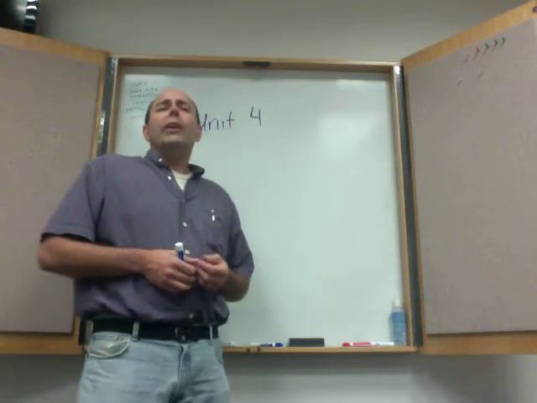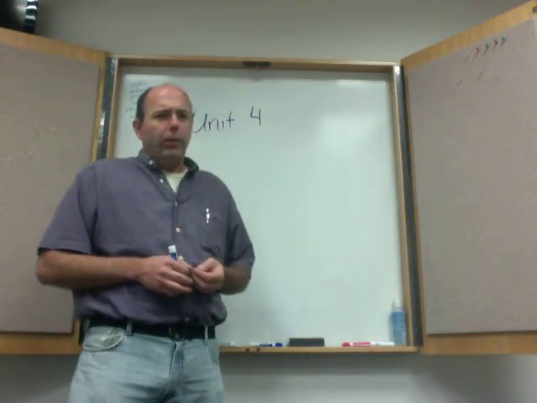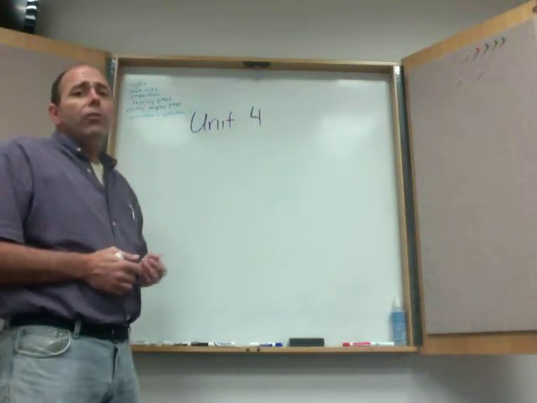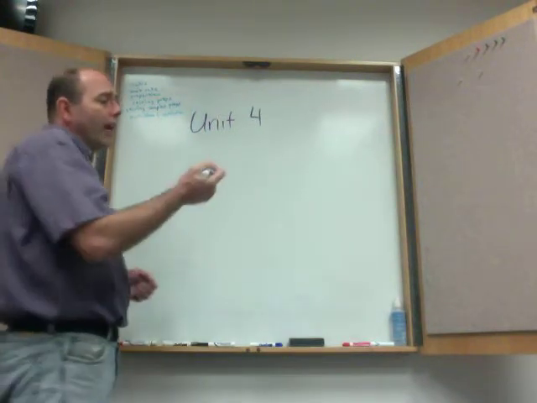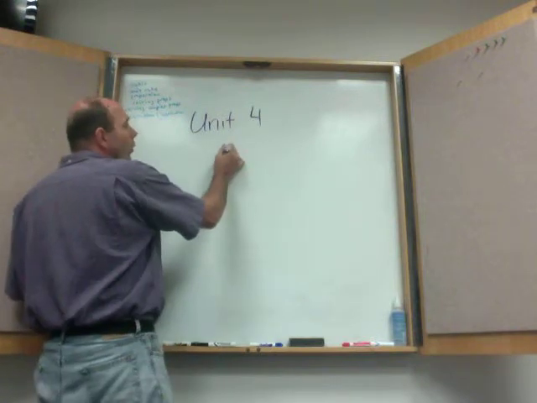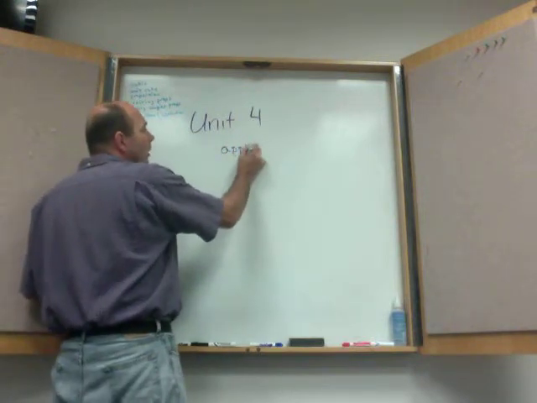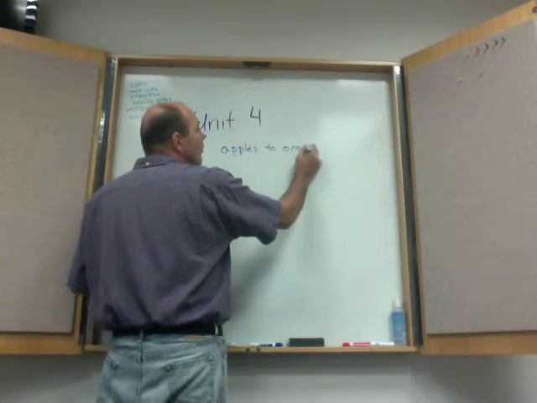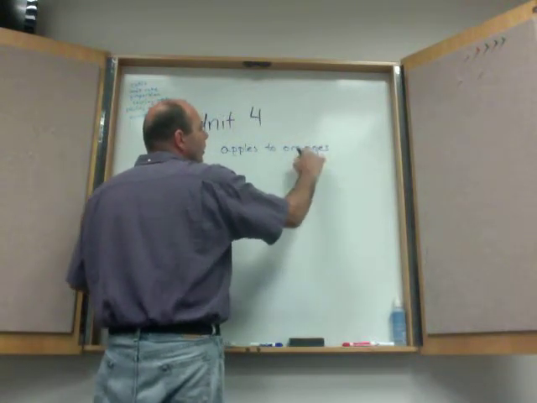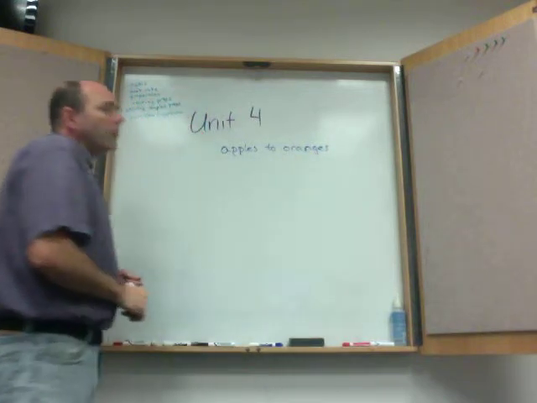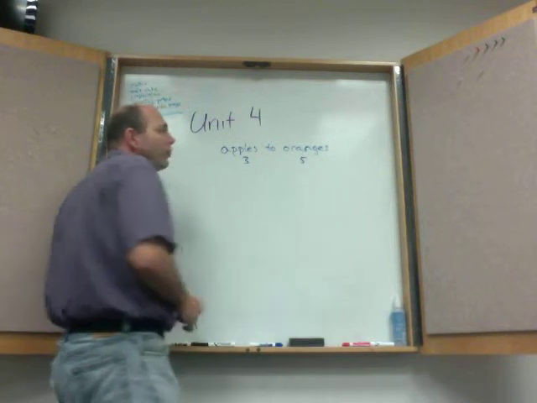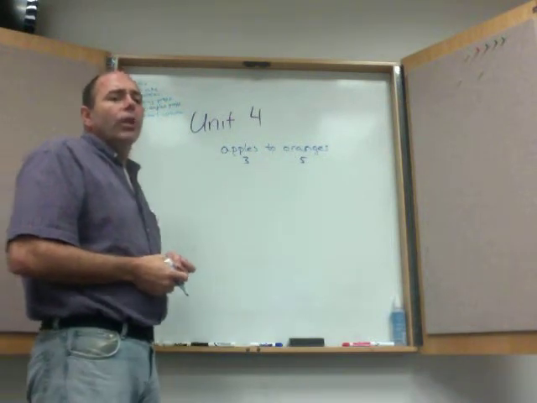One thing I like to do, because they say you can't compare apples and oranges, well, let's say we can. Let's say there's 3 apples and 5 oranges. If I'm going to compare the ratio of apples to oranges, there's 2 different ways I can write ratios.